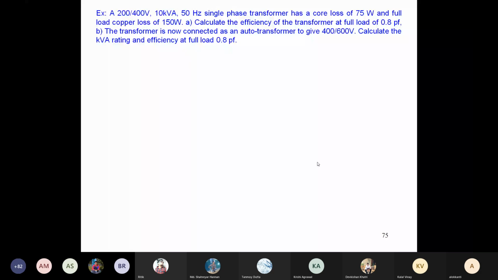Calculate the efficiency of the transformer at full load of 0.8 power factor. So that is the first part of the question, with respect to a two-winding transformer.